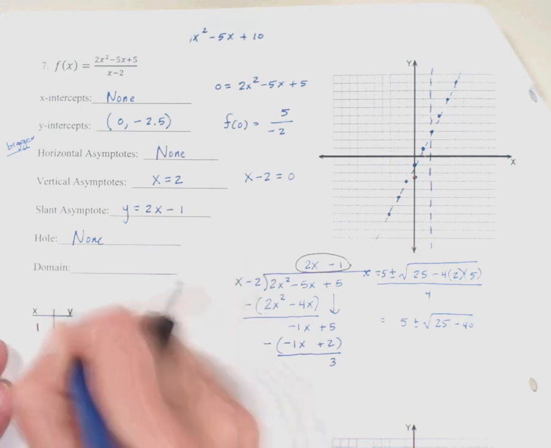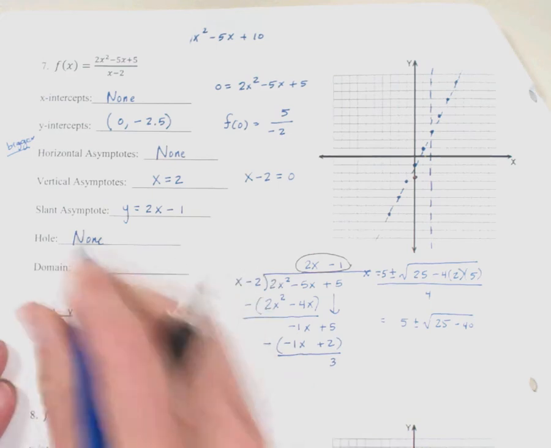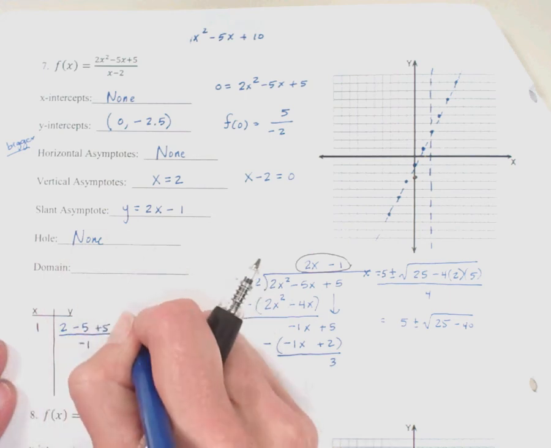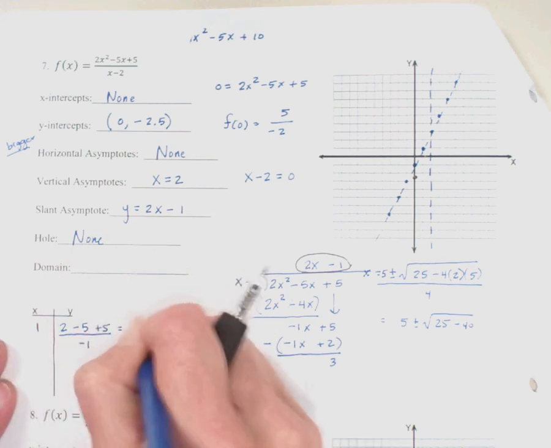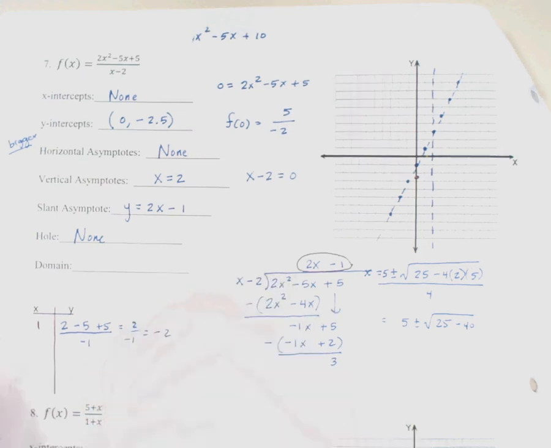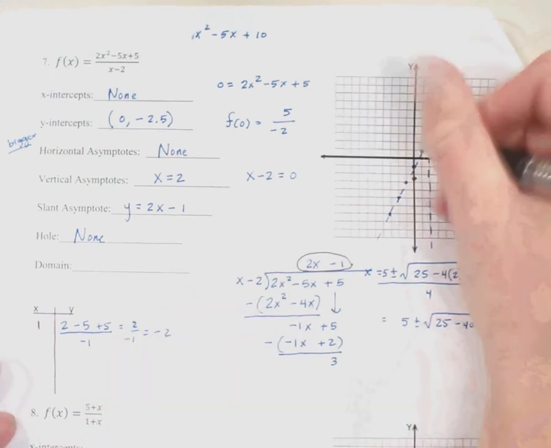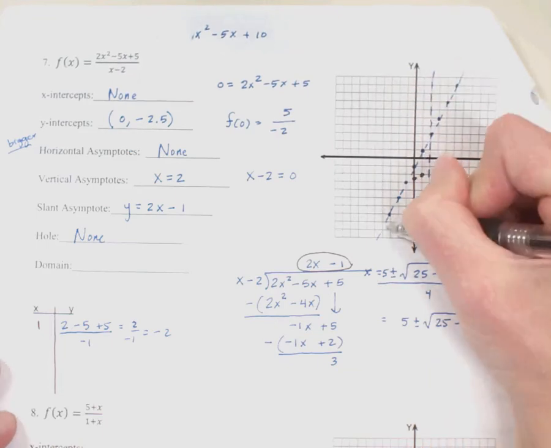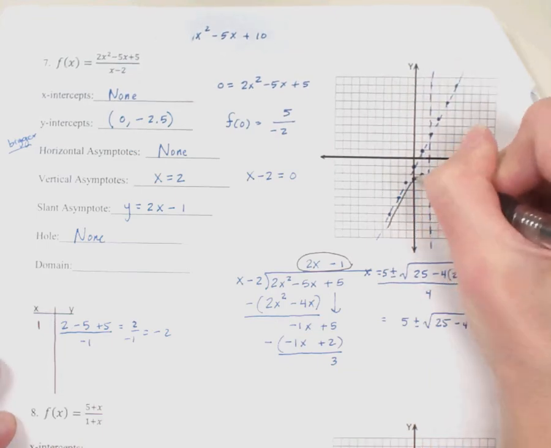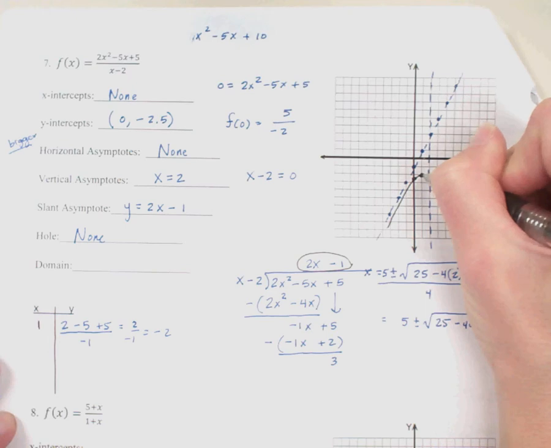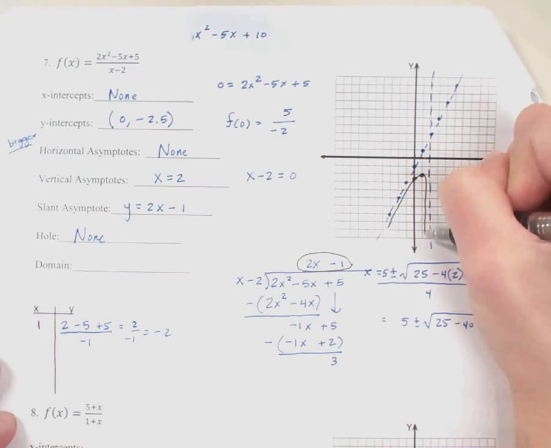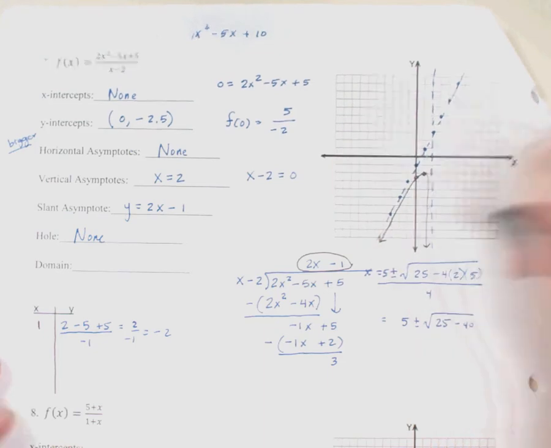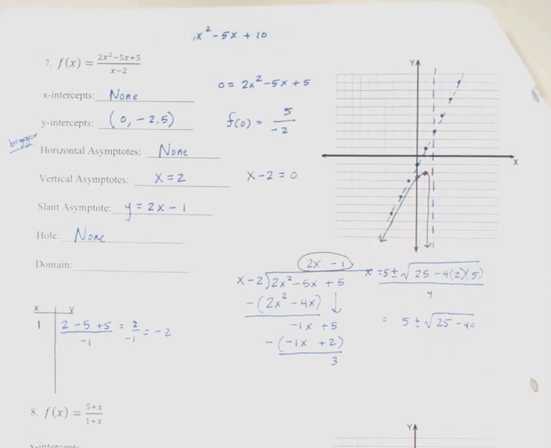Oh, I forgot to divide that by 1 minus 2, which is negative 1. So we have 2 divided by negative 1, which is negative 2. So I have a point at (1, -2). So what happens is my curve is going to come up through the point (1, -2), and fall back down along the vertical and slant asymptotes.